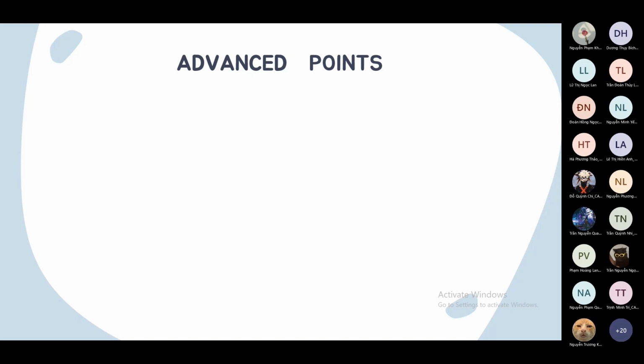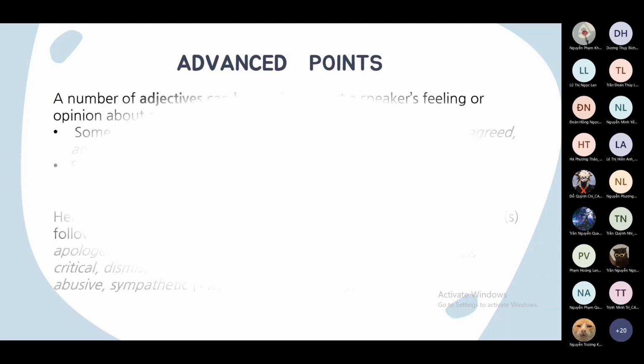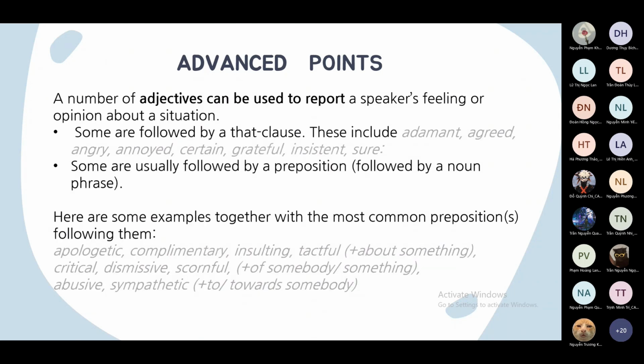There are some advanced points that we want to include in this part. A number of adjectives can be used to report a speaker's feeling or opinion about a situation. Some are followed by a that clause. These include adamant, agreed, angry, annoyed, certain, grateful, insistent, sure, like in this example.